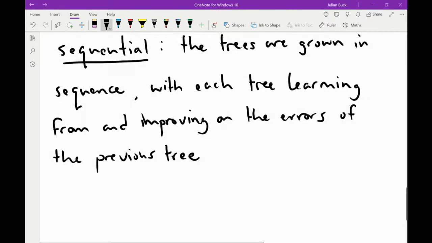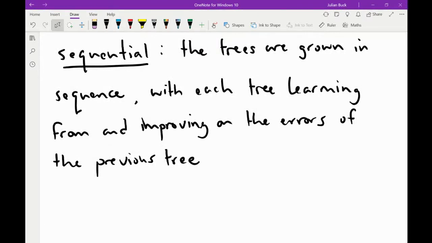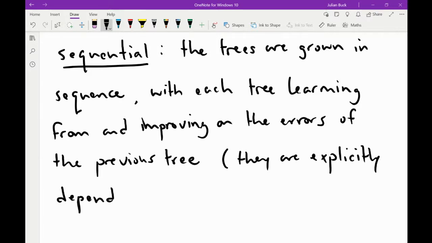So it's not just that we grow them one after the other, it's that the next one we grow explicitly depends on the previous one, and then all the ones before that. So they are explicitly dependent. It's not like with random forests where they're independent, but they all have some dependence on, say, the initial training data.